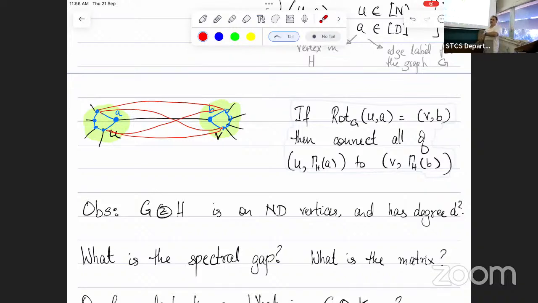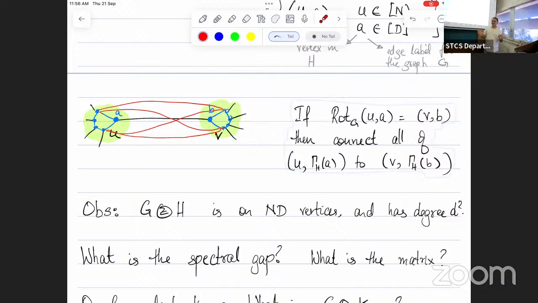You know that the number of edges going out of a vertex in G is capital D. The number of vertices in H is also capital D. So you had some notion of saying this is my first edge out, second edge out, third edge out. Maybe use the same label for that. The actual labeling doesn't matter, but it's convenient to work with.